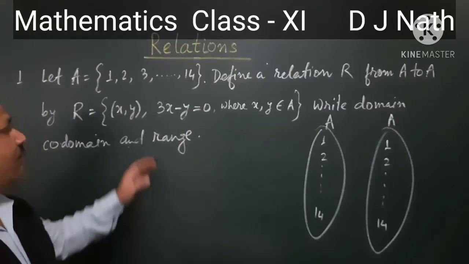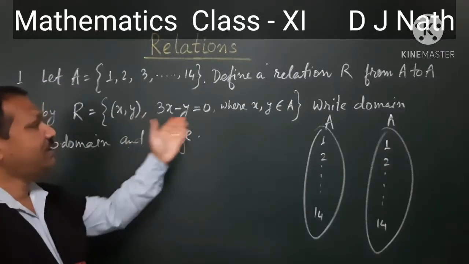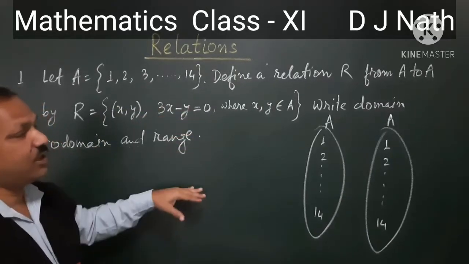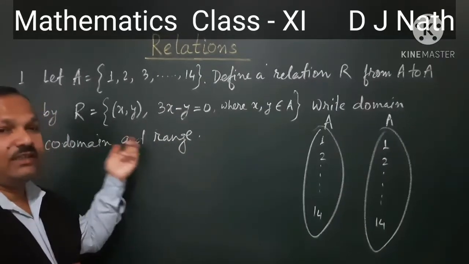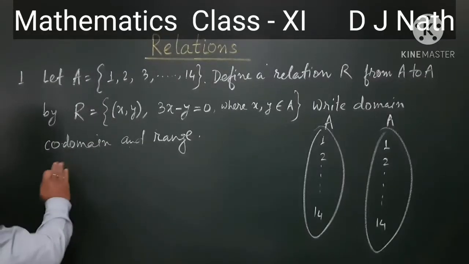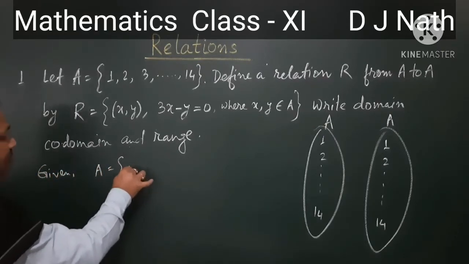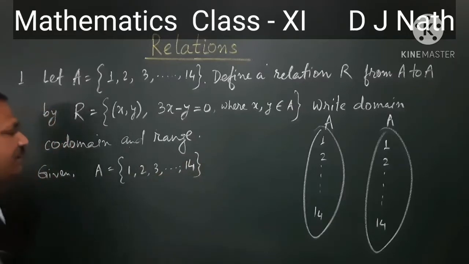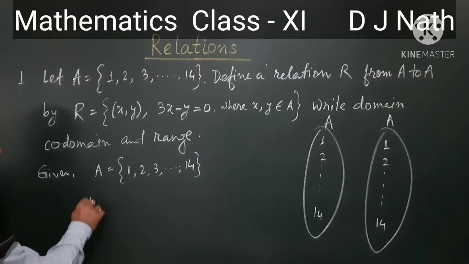Now this relation, as written, we can say is in set builder form. If we write this one in roster form, then easily we can understand which one will be the domain and which one will be the range. So we can write what is given: A is equal to 1, 2 up to 14, and the relation is from A to A. Which way is R defined?